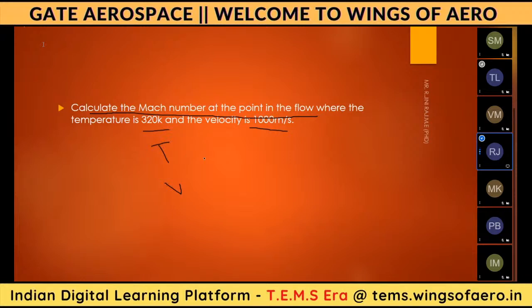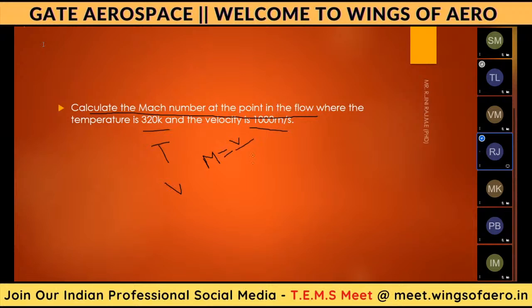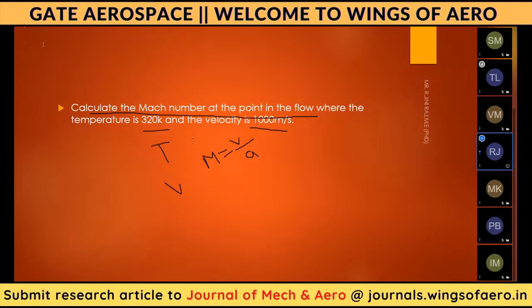So for calculating the Mach number, we know m equal to V by A. This is what we studied in our last sessions. That is m equal to V by A, speed of sound.